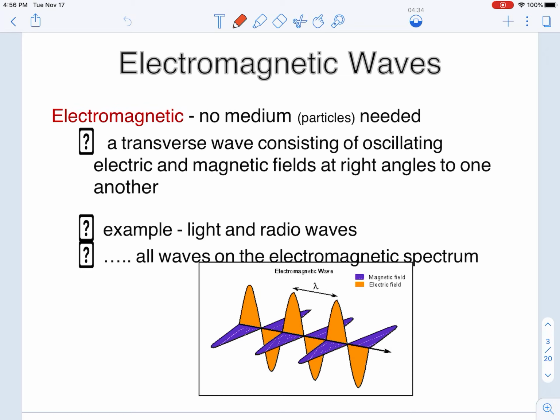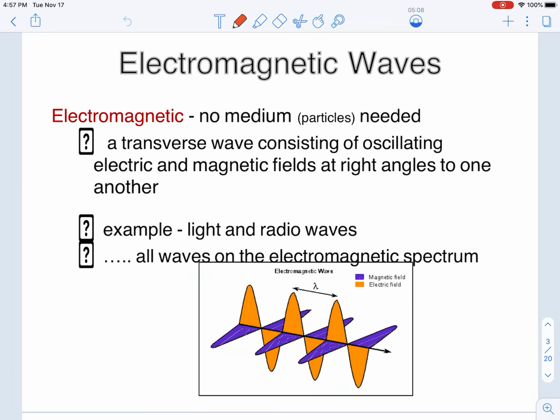That means that light, which is one of our electromagnetic waves, is traveling through the air, through the particles in the classroom with you. So although it can travel through an environment that has matter, it does not require that environment to contain matter. So we know that electromagnetic waves can travel through outer space or in a vacuum because they do not need atoms or particles in order to move.